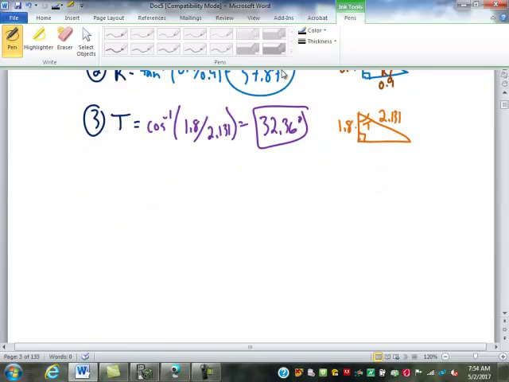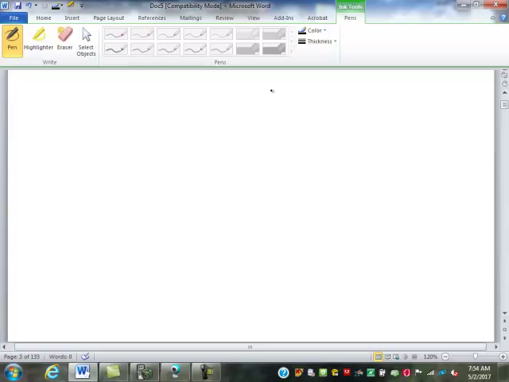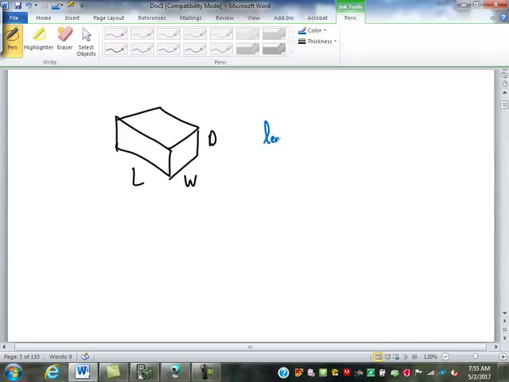There are some generic formulas they give in the book. If I label this as L, W, and D, of course, the length is the square root of L squared plus W squared plus D squared.